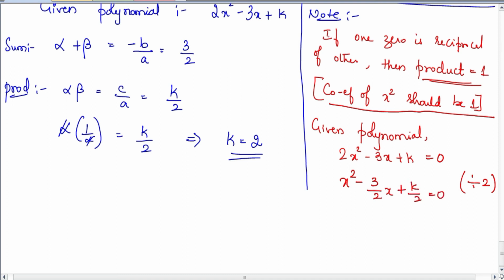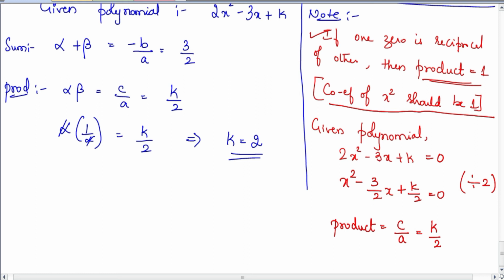Next, we use this property. If one root is the reciprocal of the other, then the product is 1. So what is the product? C by a, right? So k by 2 is c, divided by the coefficient of x square, which is 1 in this case.